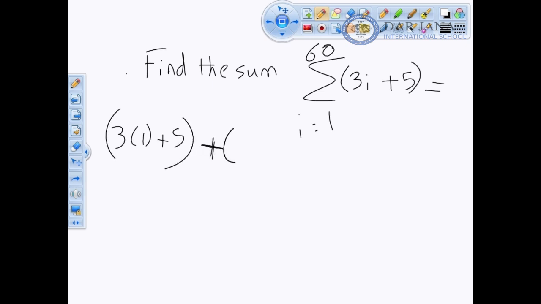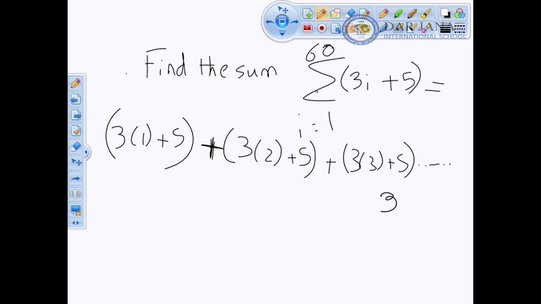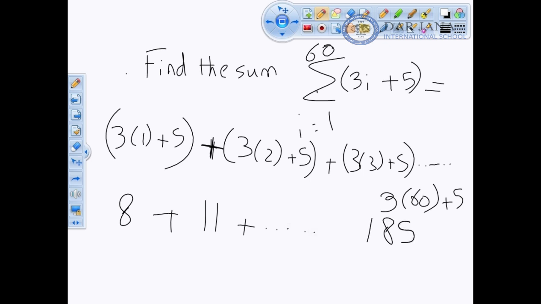Don't forget we have plus between them. Then by 3. And we continue till we reach the 60th term. Actually, this will be 8 plus 11. But still, we have 185.